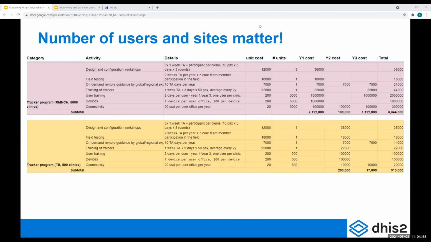But what is important to know is that tracker programs are very likely to have higher costs in terms of servers, because you're going to have much more data to be dealt with, and you will need to increase a lot the features of your server.